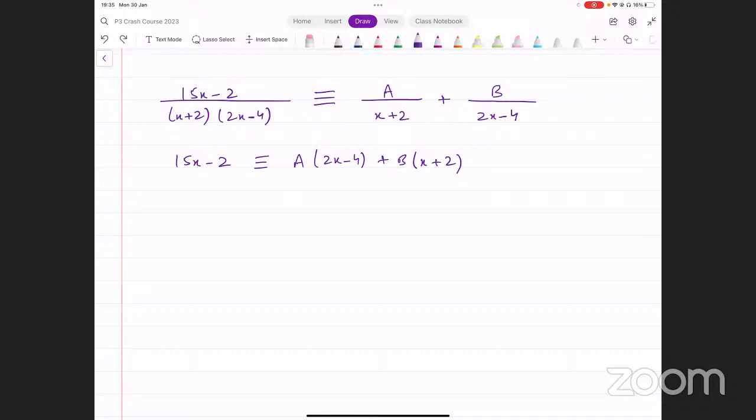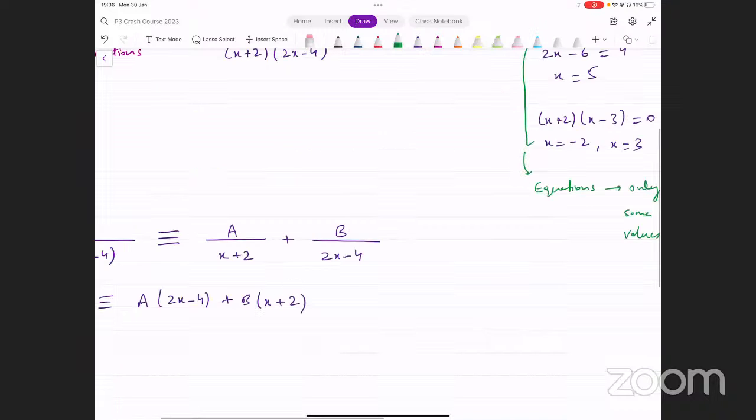But I personally find the first method to be easier, which I'm just going to start with right now. So the first idea would be that we input some specific values of x in this identity and use them to find the values of A and B.